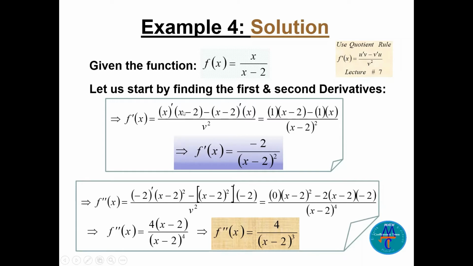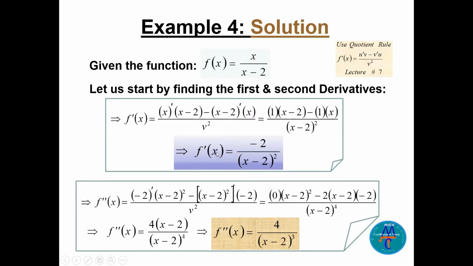So the derivative of x will be 1 times x minus 2 minus the derivative of x minus 2, which is 1 also, times x, over x minus 2 squared. This is v squared. Now you simplify: x minus 2 minus x will be minus 2 over x minus 2 squared. This is f prime.